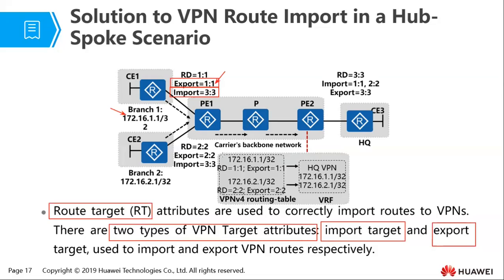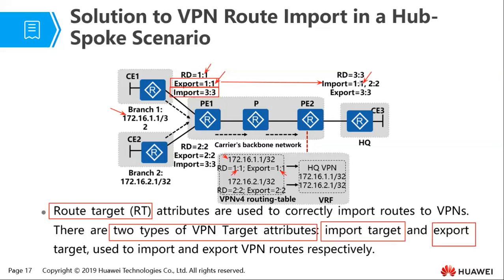So that's what you can see here, that this particular network from CE1, whose RD is 1.1, has an export target of 1:1. Now, when it has an export target of 1:1, on the headquarters you are going to allow the headquarters to import 1:1.